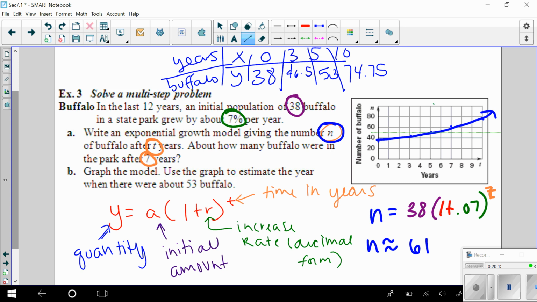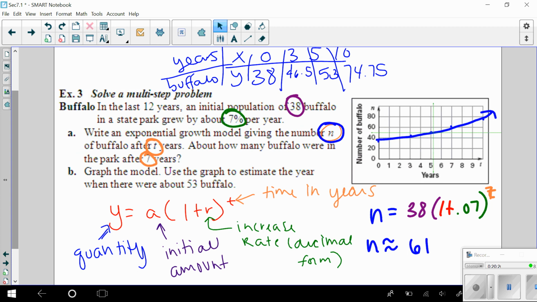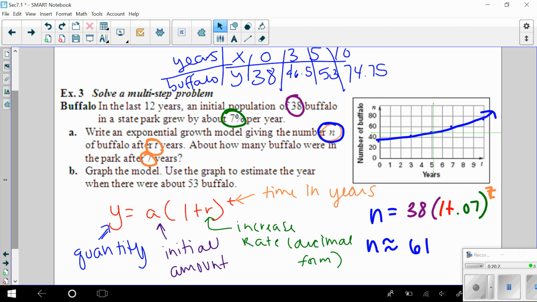So it looks like at about 5 years is when I hit that mark, 53. So pretty close to about 5 years.